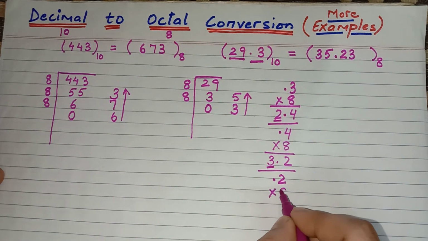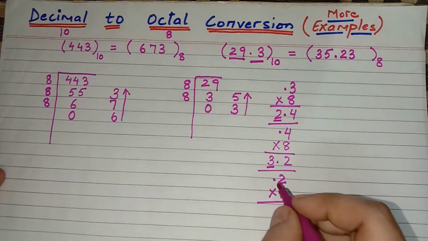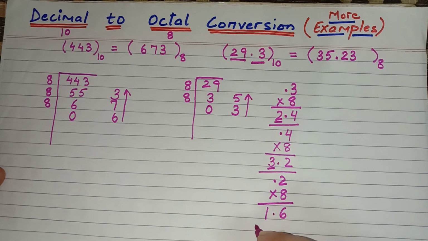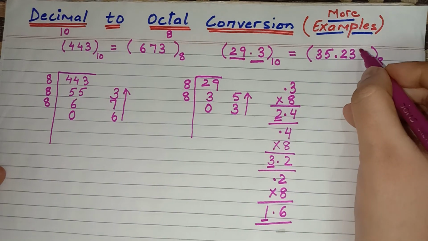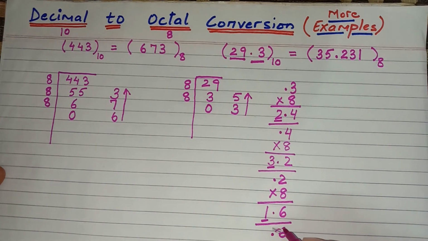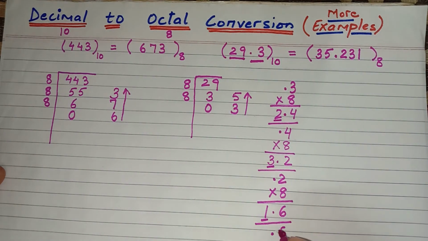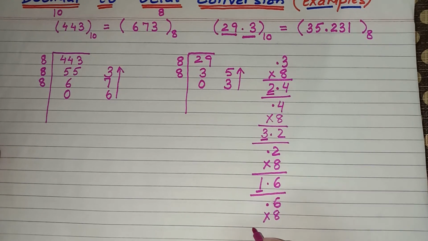Multiply again this 0.2 with 8, we will be getting 1.6. Again we will be taking this digit that is on the left side of the decimal in the result, and we will be left with 0.6, right? 0.6.